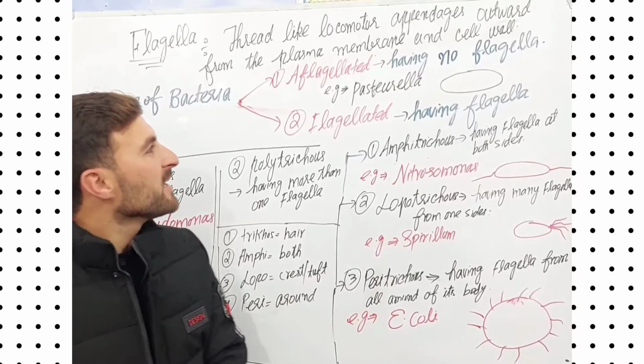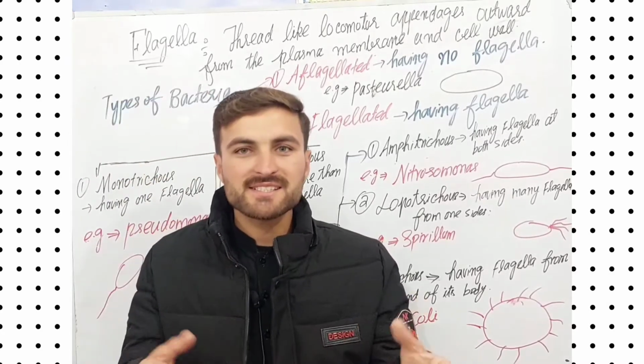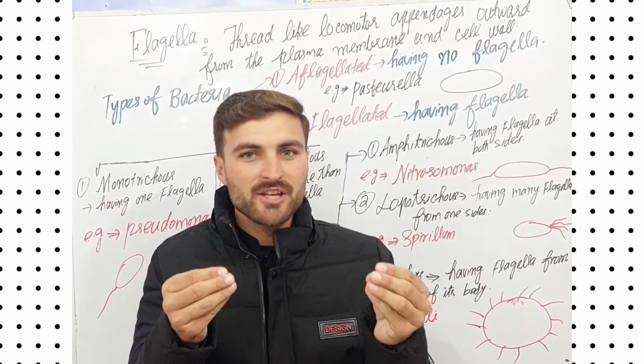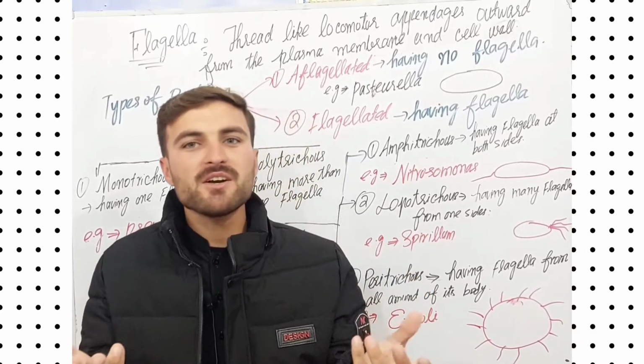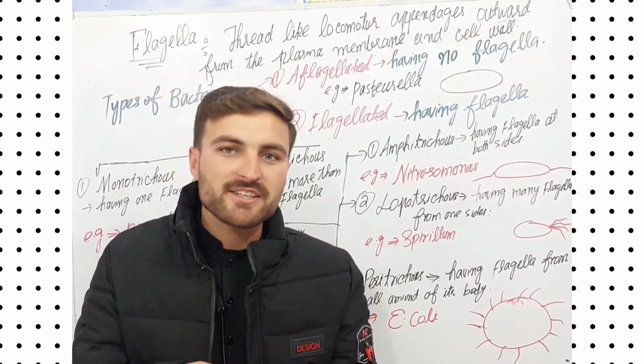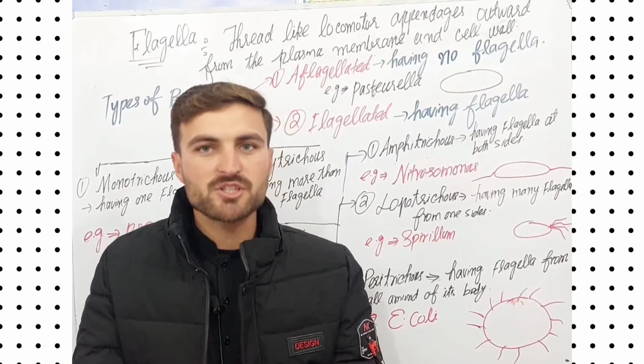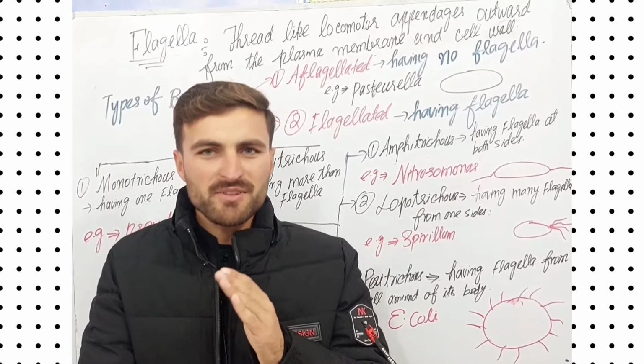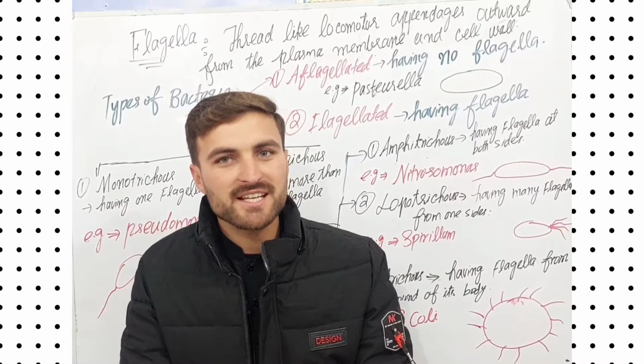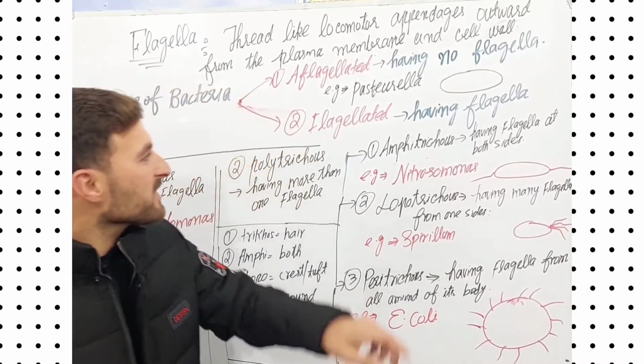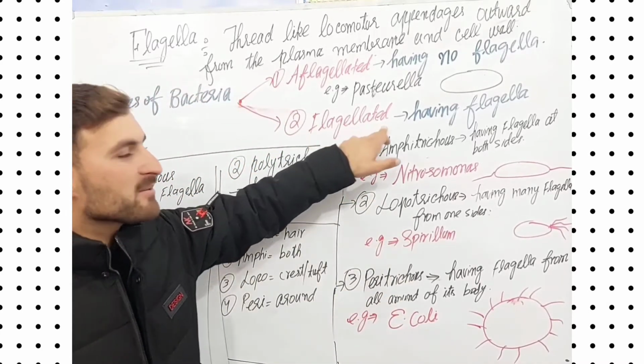So we have discussed the major division: if the bacteria don't have flagella, we call them aflagellated or atricus bacteria. If the bacteria have flagella, then we call them flagellated bacteria.